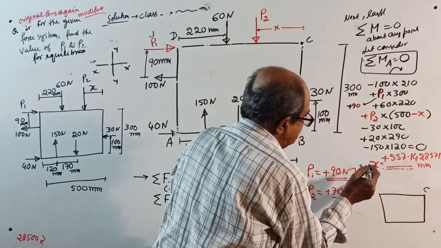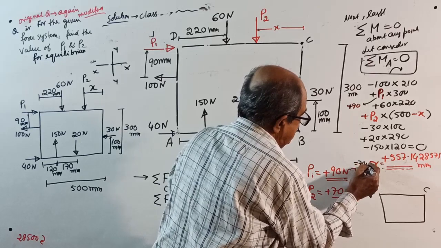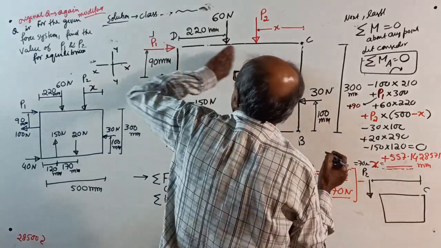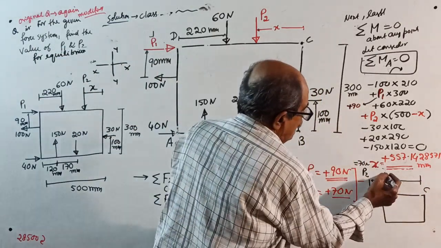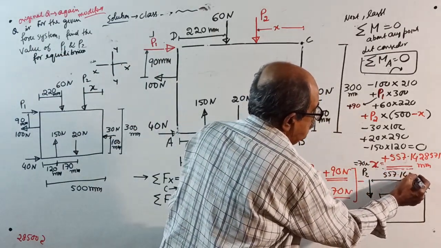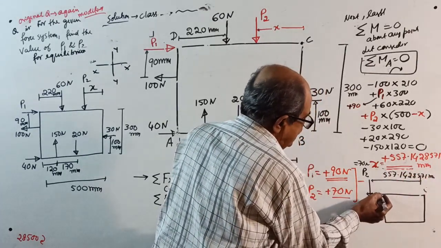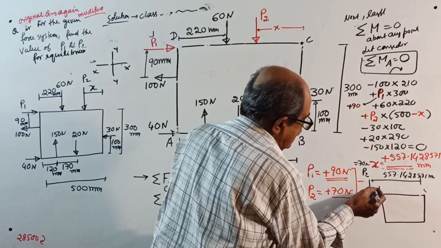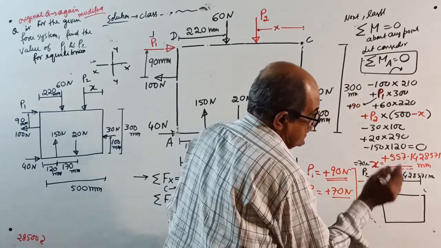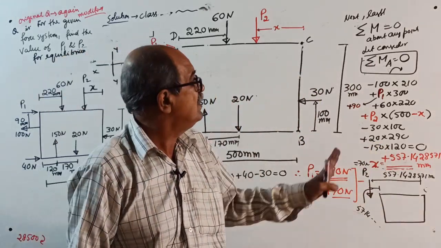P2 equal to 70 Newton should go further left side, total 557.1428571 millimeter. Or from A, it should be 57.14, etc. If you want, you can write the answer.